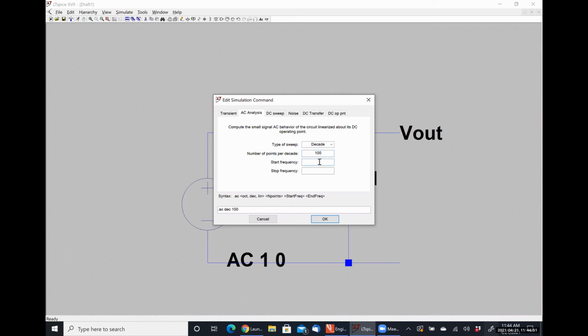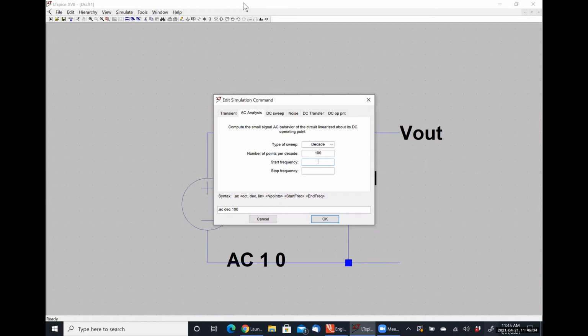And let's see. I'm trying to decide what frequencies I want to look at this thing. Because we've chosen a 10 ohm resistor and a 1 farad capacitor, that means that my 3 decibel frequency should be 1 over 2 pi, to make it a linear frequency, times R, which is 10, times C, which is 1 farad.